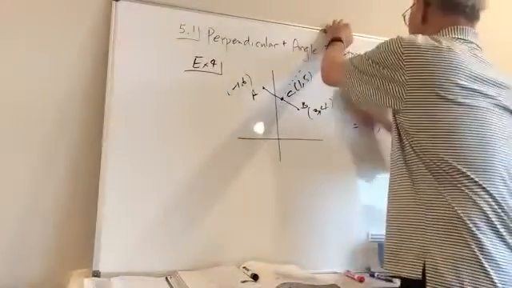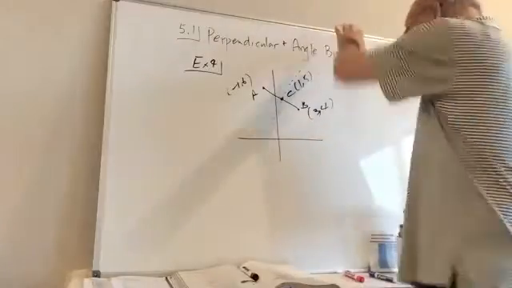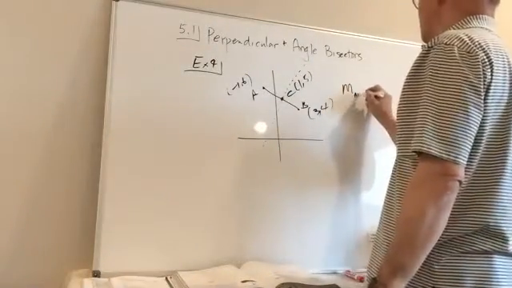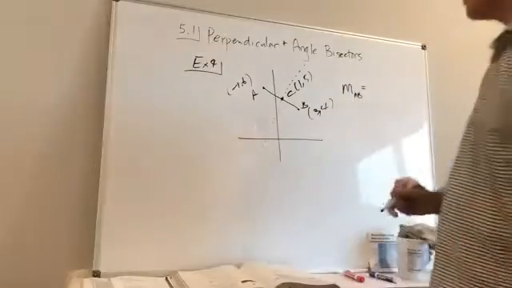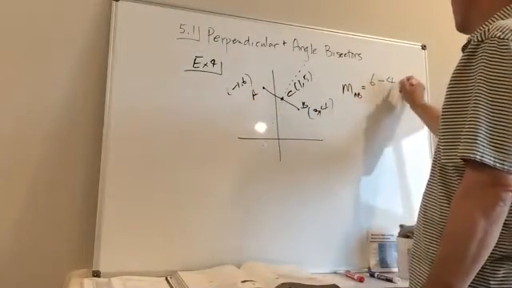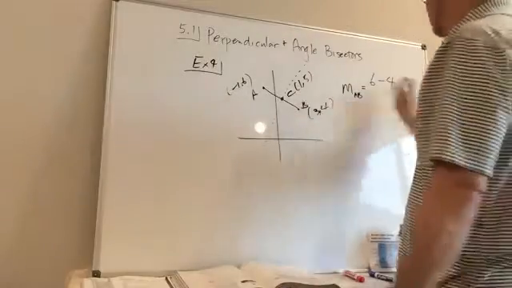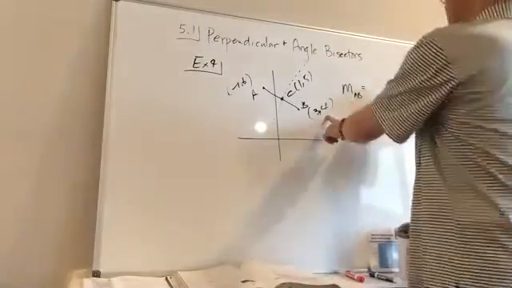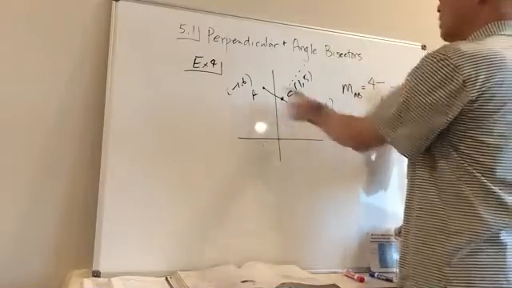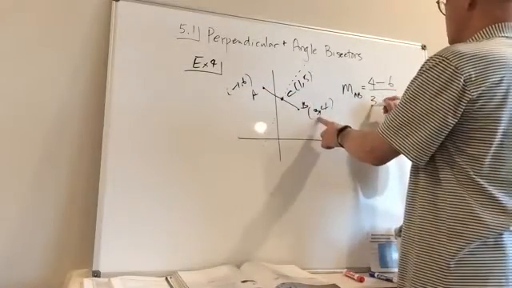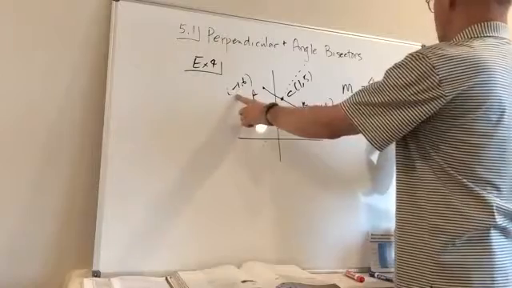So the slope of AB is nothing more than 6 minus 4, delta y. Okay, we call this point 2, so let's stick with that. So y2 minus y1 over x2 minus x1.